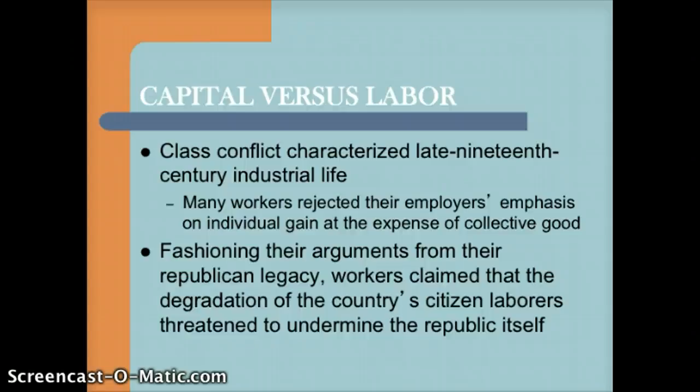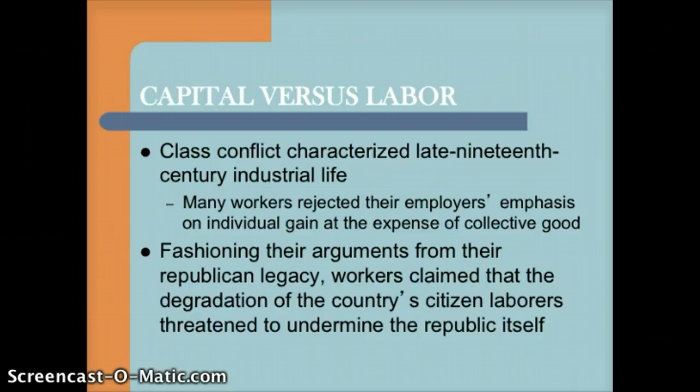Now, let's go over this statement in detail, okay? Notice that they do mention a Republican legacy, and that obviously infers that there is a triumph of union over Confederacy, okay? But there's also a claim here that citizens are being degraded.